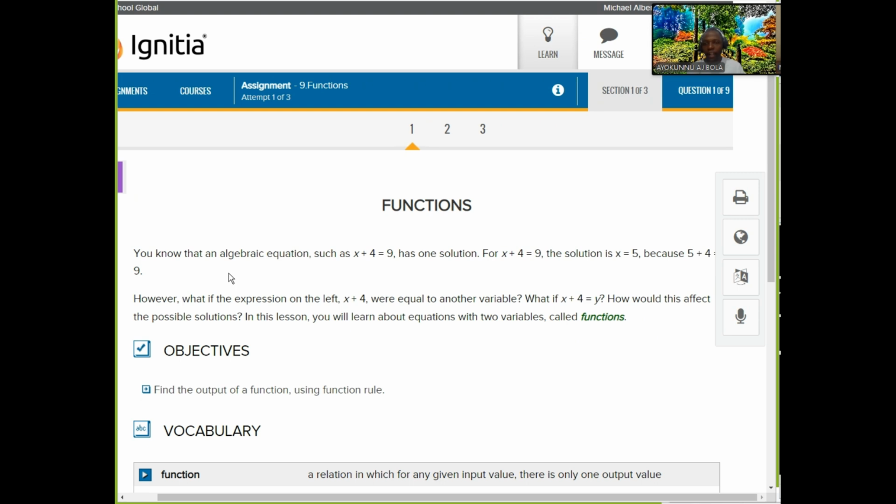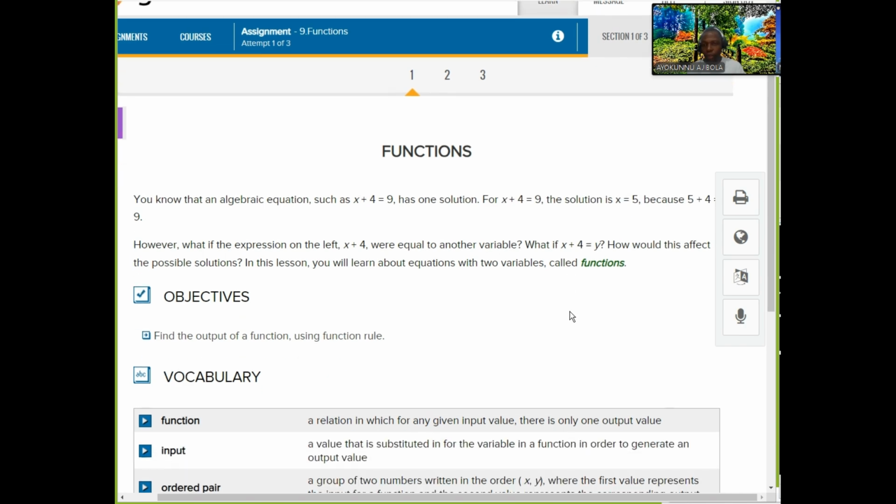It's only 5 that you can add to 4. So there is only one solution. However, what if the expression on the left, x plus 4, were equal to another variable, like y? How would this affect the possible solution? So that is what we want to learn, which is called a function.